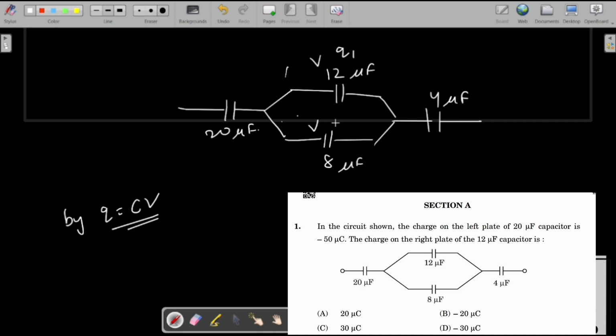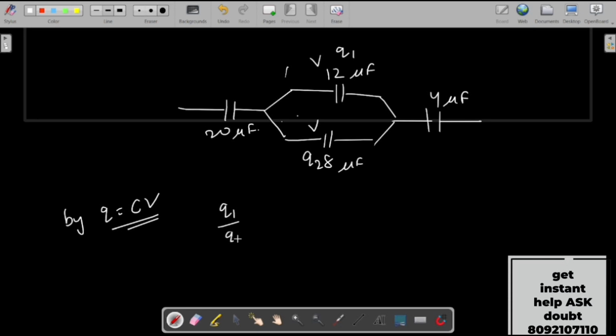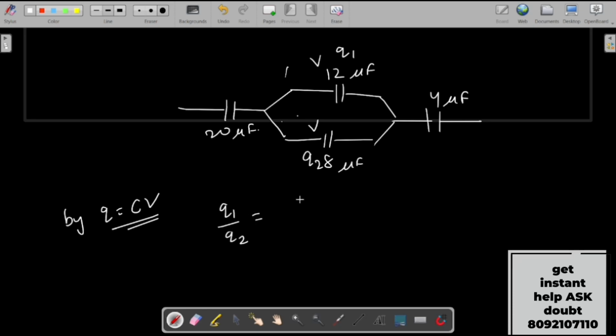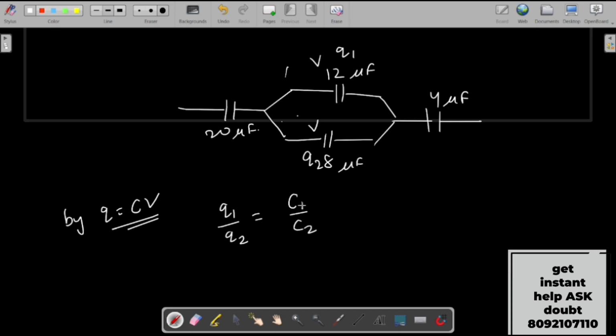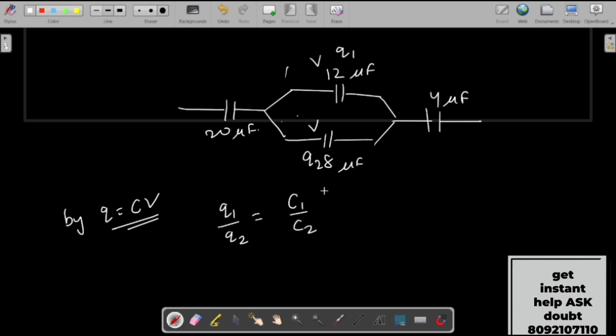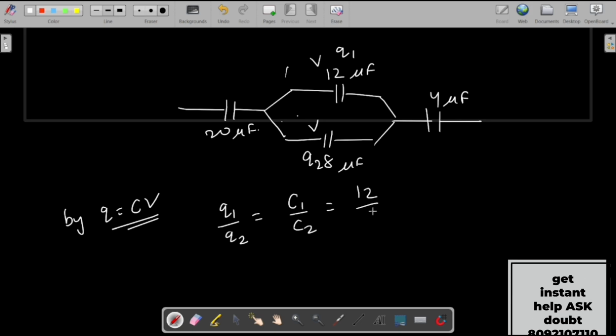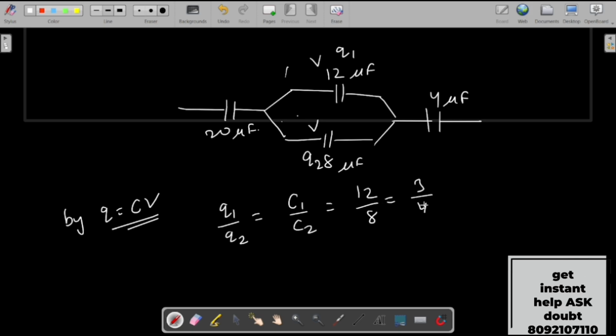If they have charges Q1 and Q2, then the ratio of Q1 and Q2 is equal to the ratio of C1 and C2, where C1 is 12 and C2 is 8. So it will be 12 by 8, which means 3 by 2. So the ratio of their charges is 3:2 when we have equal potential. Both have equal potential. Okay.